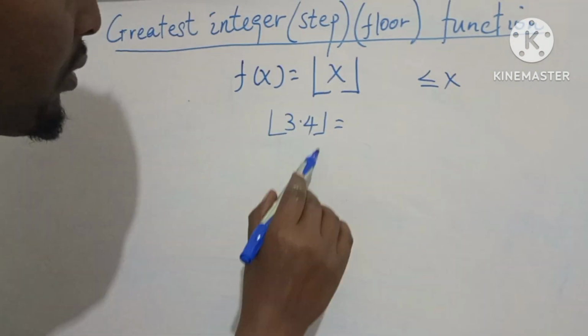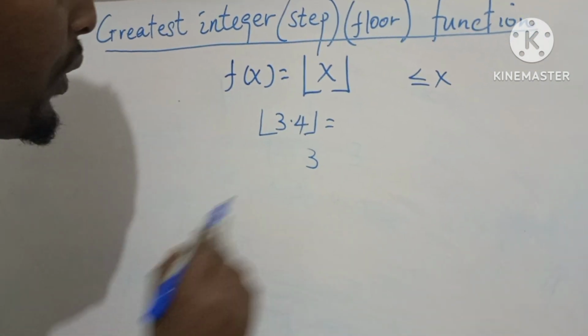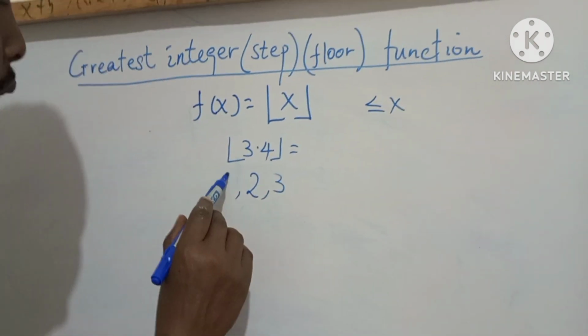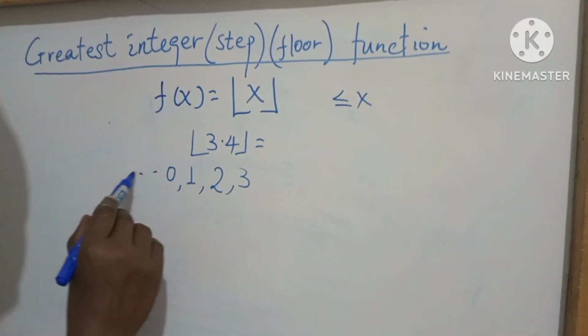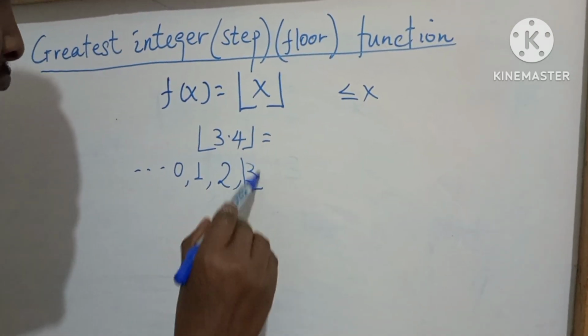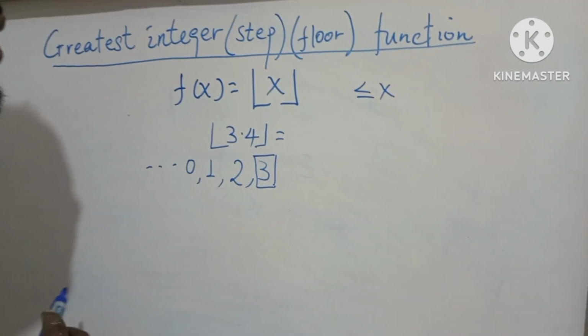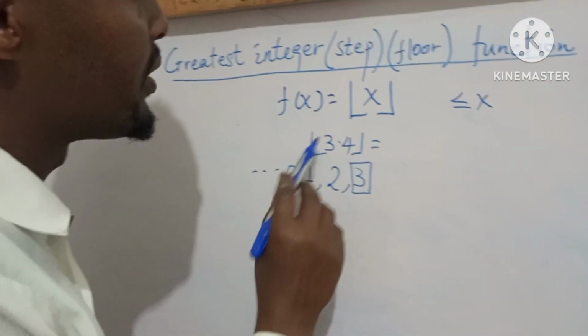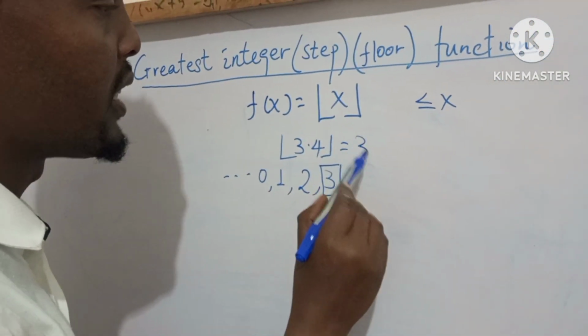So 3 is less than 3.4, and 2 is less than 3.4, 1, 0, and so forth. So 3 is the greatest integer. So the greatest integer of 3.4 is 3.